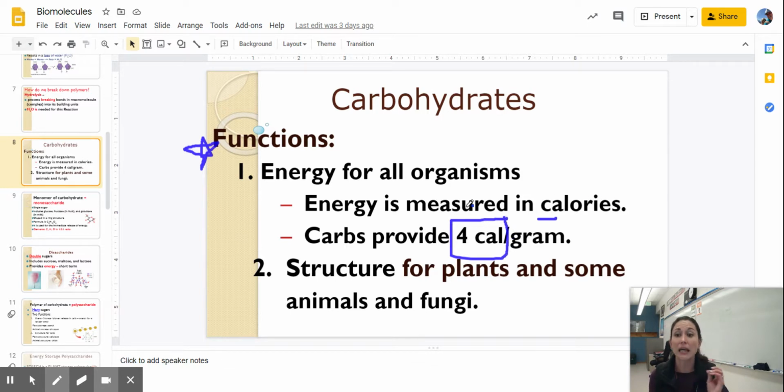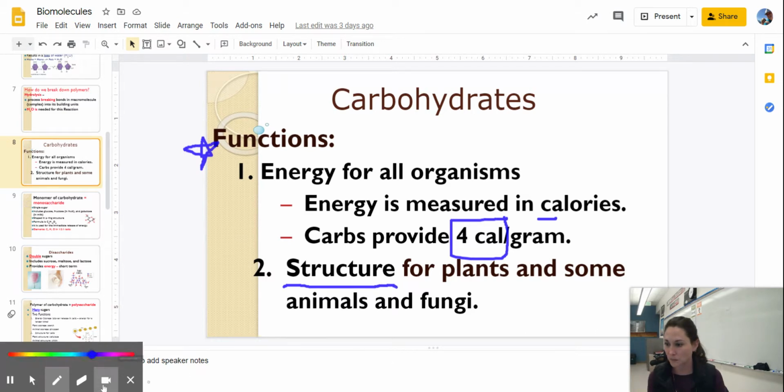So this is great immediate energy for organisms. The other thing that we can do with the carbohydrates is we can store the carbohydrates, and those carbohydrates can start building the structure for plants, some animals, and fungus. And when I talk about structure, I'm talking about the physical characteristics that we see in these organisms.